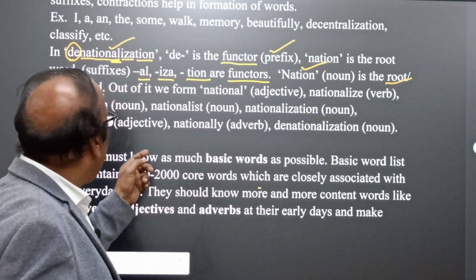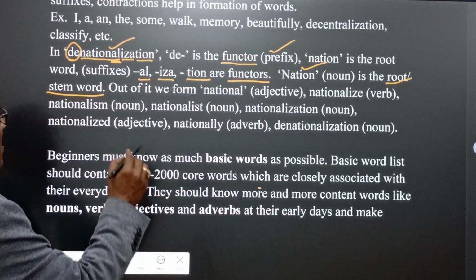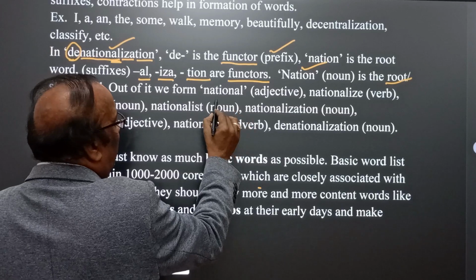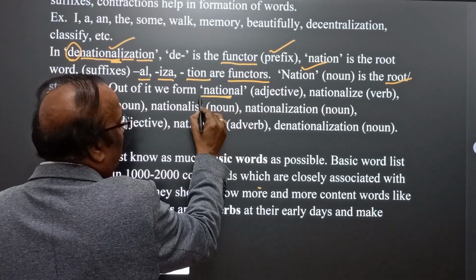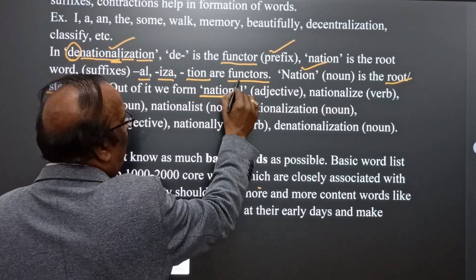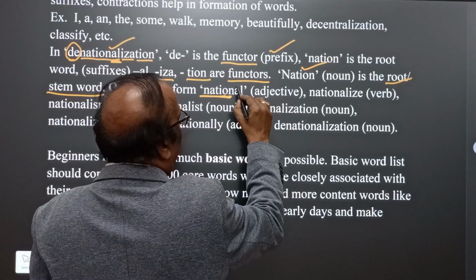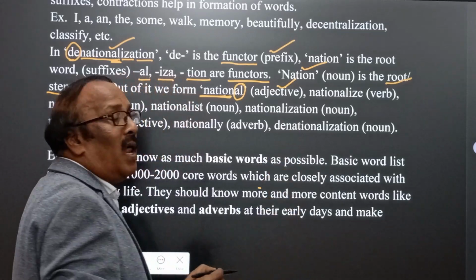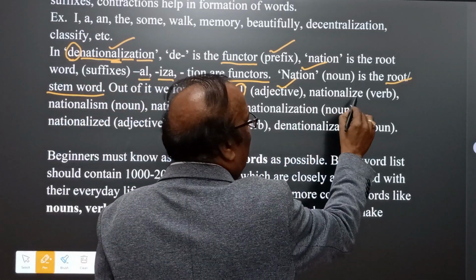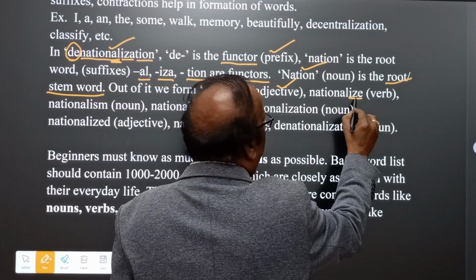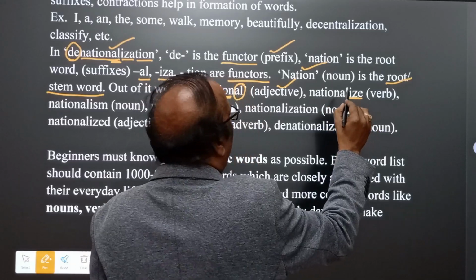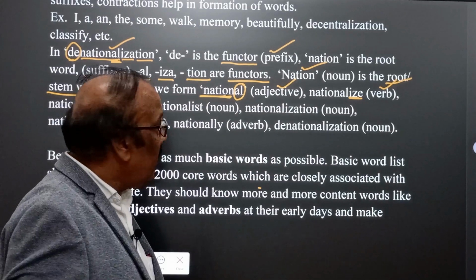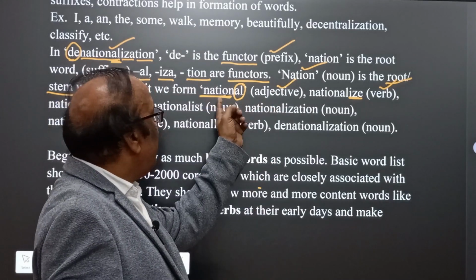Remember, from nation we form national. The root word is nation, but using all, we find the adjective national. And nationalize, using IZE, we find what? That is the verb, nationalize.